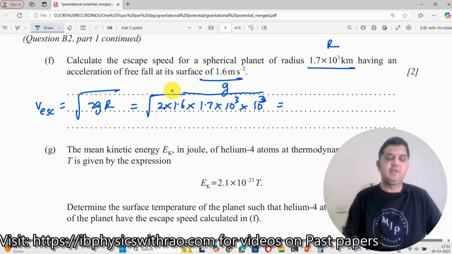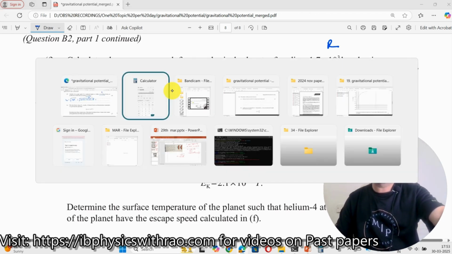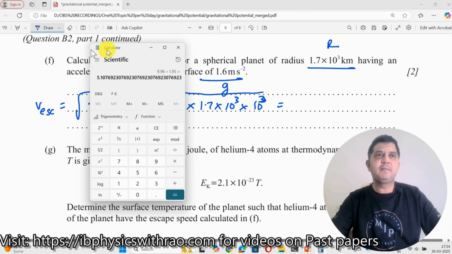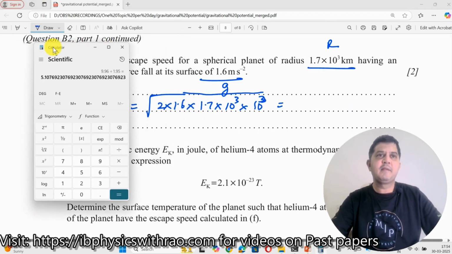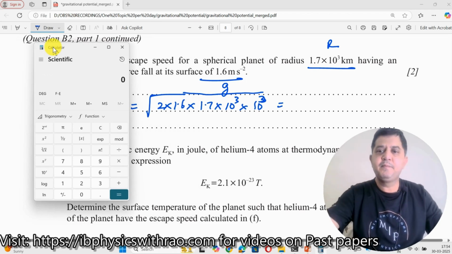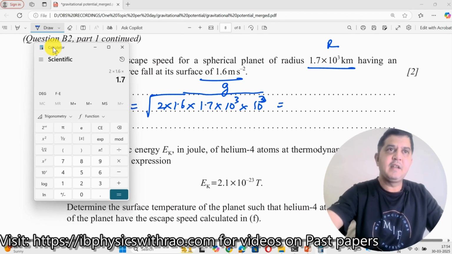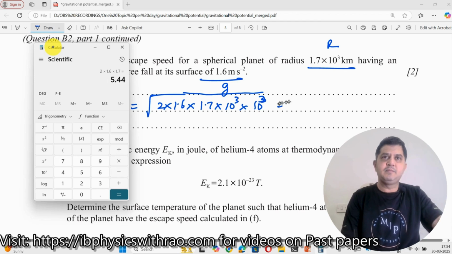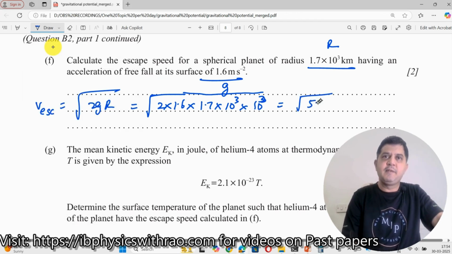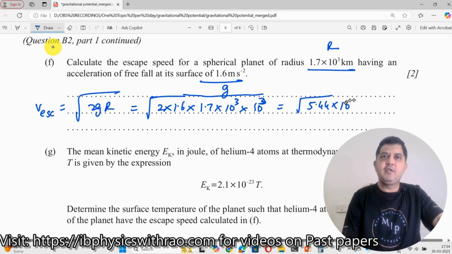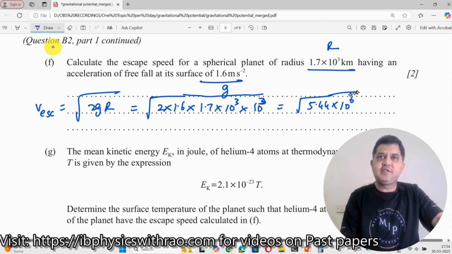So when I do this, what is the answer I get? This should now be 2 into 1.6 into 1.7, 5.44. I get the answer as square root of 5.44 into 10 to the power of 6.